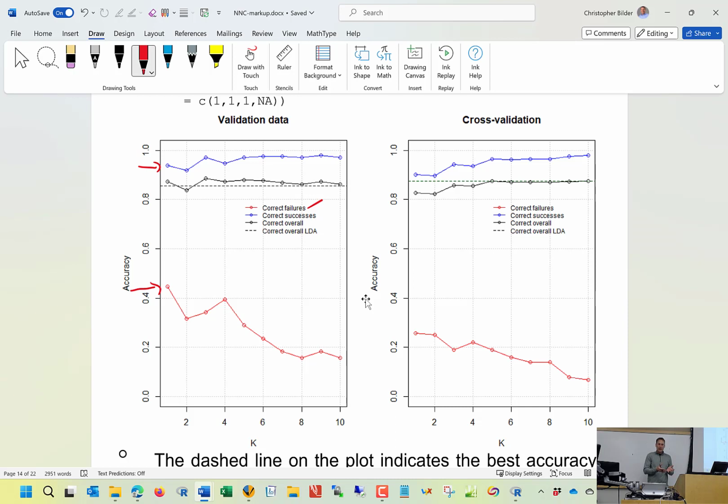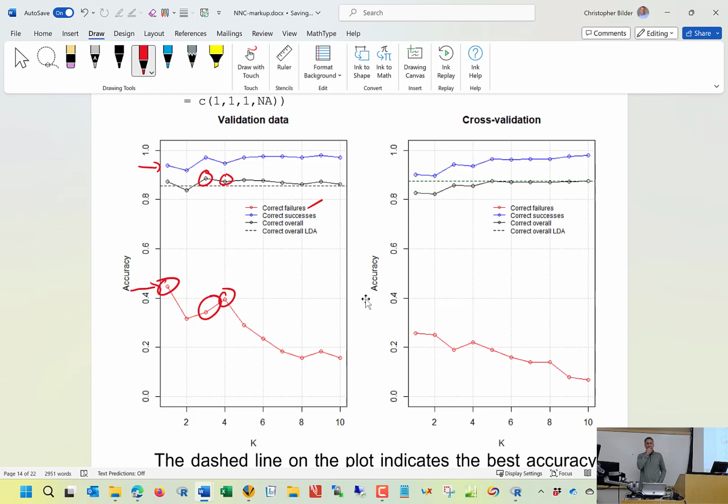I mean, we can see that 3 and 4 for the failures seem to do decent. So obviously this is the best, but this is the second best, this is the third best. And we can see overall, here's the best right there for the overall rate. This is doing pretty good too. So if I'm really concerned about those failures, probably k equal 3, k equal 4 would be the best choices.